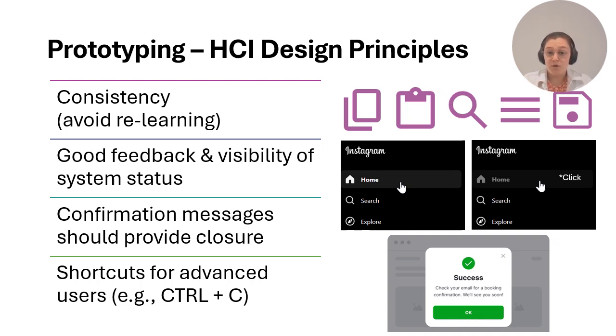But another really important principle is to have good feedback and clear visibility of system status. You can see this example on Instagram. When you hover over home, it highlights it, and then when you click on it, it grays out as if you've pressed the button.